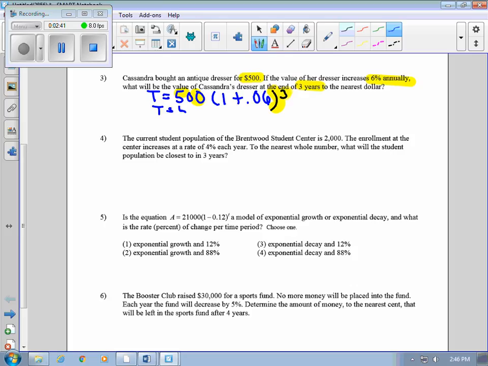T equals the 500 times the 1 plus this, so it's 1.06 to the third. And it will give us 595.508, which will then go to $596.